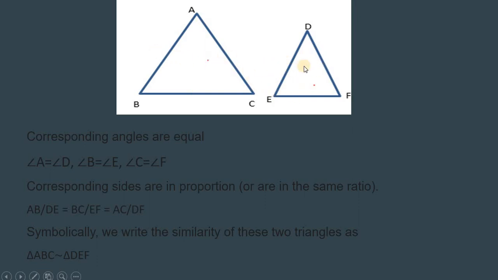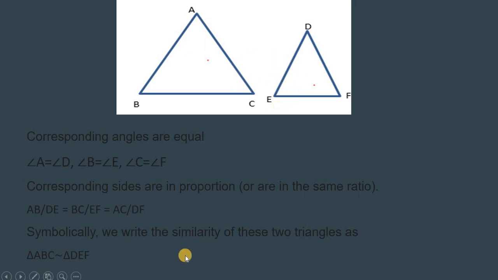So the ratio of the corresponding sides of the two triangles should be in the same proportion. If these conditions are followed, then you may say that these two triangles are similar to each other.